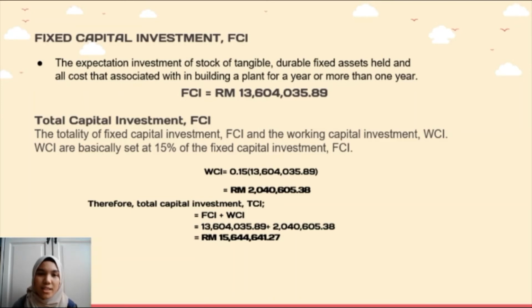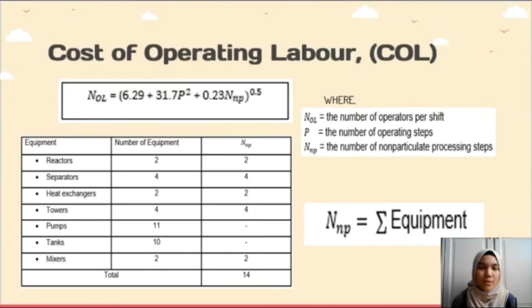So we calculated the amount of FCI and multiplied by 0.15 and we get 2,040,605 ringgit 0.38 cents. Therefore the total capital investment, with the formula FCI plus WCI, is 15,644,641 ringgit 0.27 cents.